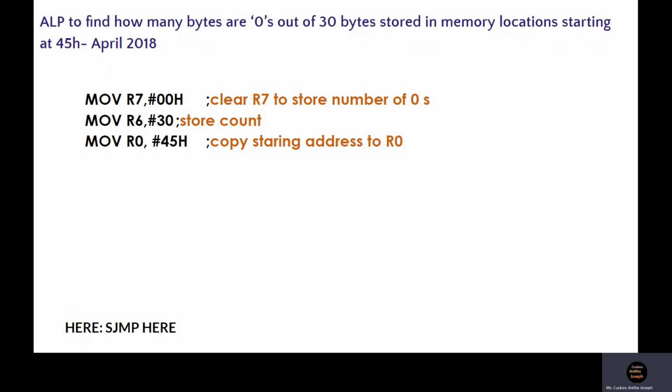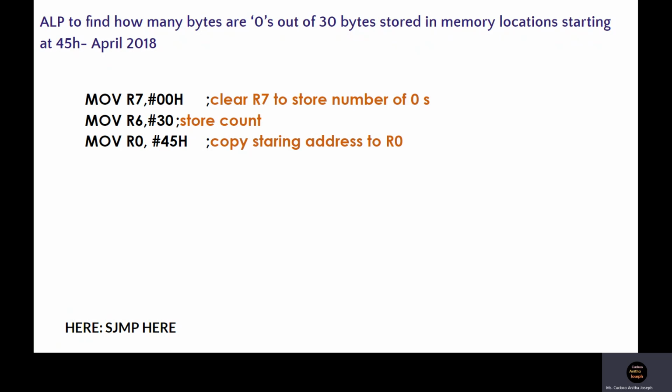Now we need to find whether a particular byte is 0 or not. We have to get each byte from the array and check whether it is equal to 0. Which is the instruction that can be used? It is the CJNE instruction. And from among the different forms of CJNE, which one should we choose?